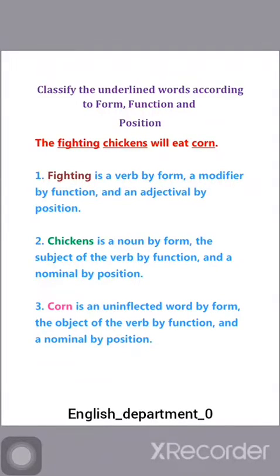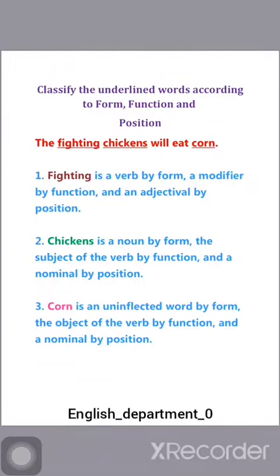Okay, we have listed what is meant by function. We have listed what is meant by form in relation to form class words: nouns, verbs, adjectives, adverbs, inflected words. And we have mentioned what is meant by position, that's to say nominal, verbal, adjectival, and adverbial.